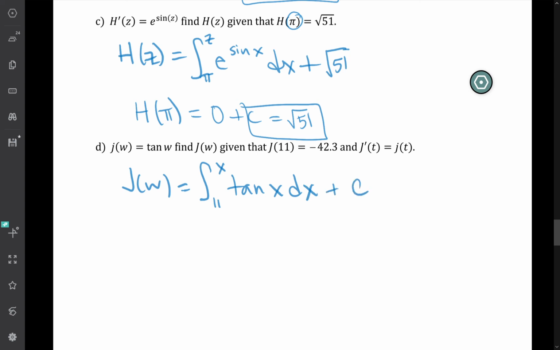So there is the full family of antiderivatives. We know that when we plug in 11, we get 0 out of that integral. What we want to end up with is negative 42.3. Okay, so again, I want you to be really clear. It's not a general rule that given a point, you just make the y-coordinate your plus c. That only works because of the way I'm building this antiderivative with 11 as my lower limit.